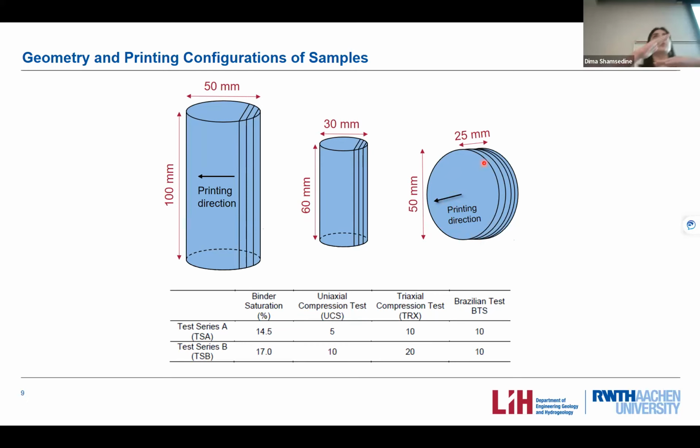And we have studied the effect of the printing direction on the overall strength of the Brazilian disc. We have found that the printing direction does not significantly affect the strength of the Brazilian disc, but I haven't shown these results in this presentation because they are not yet concluded correctly.